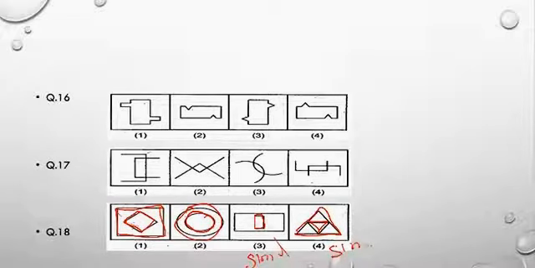So there is a similarity in the two designs in case of problem figure 2, 3 and 4, whereas there is a difference in the two designs in case of problem figure 1. So answer to question number 18 is 1.